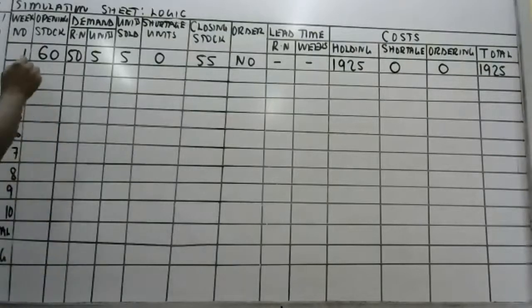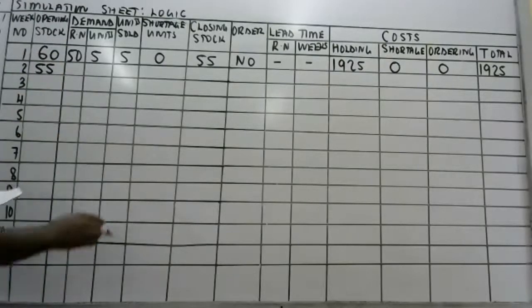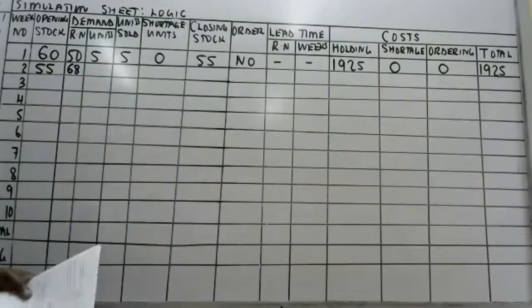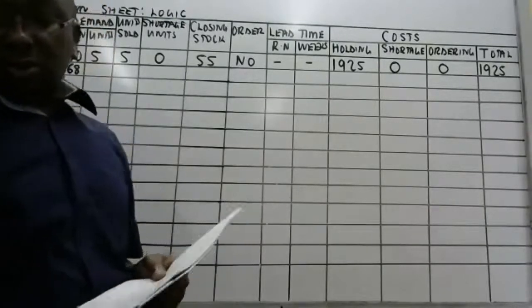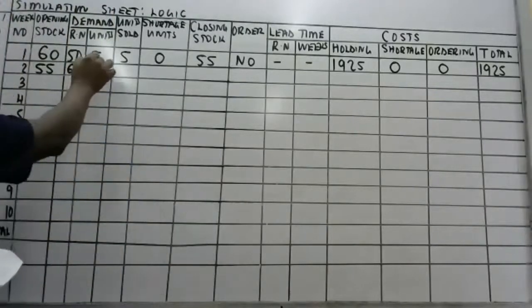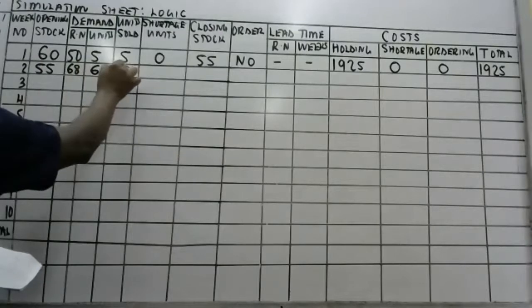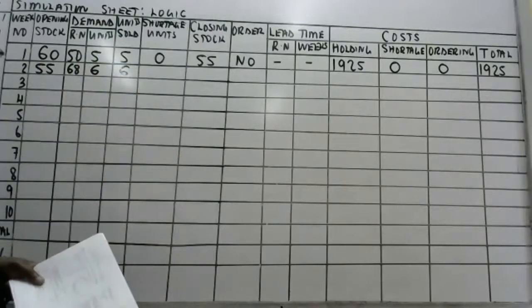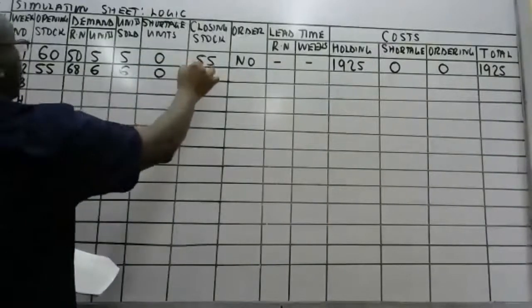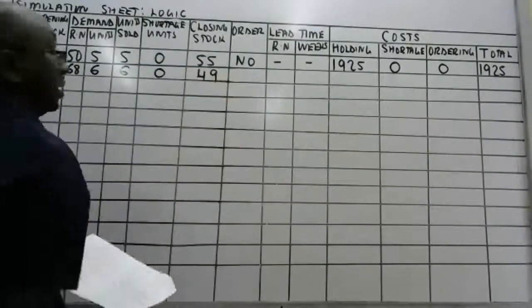So we begin day 2 where the opening stock is 55. Random number is 68. So 68 gives me how many units? That is 6 units. So we are able to sell all the 6 units and no one goes home without. So we must close with 49.